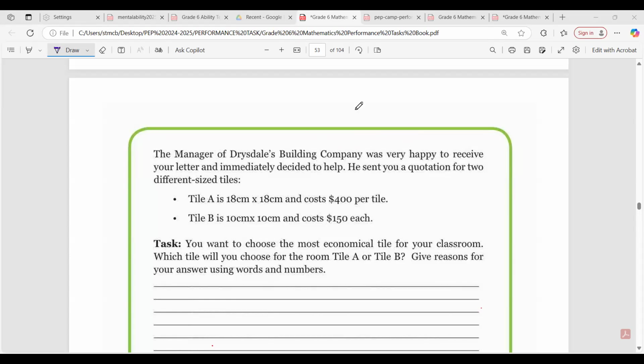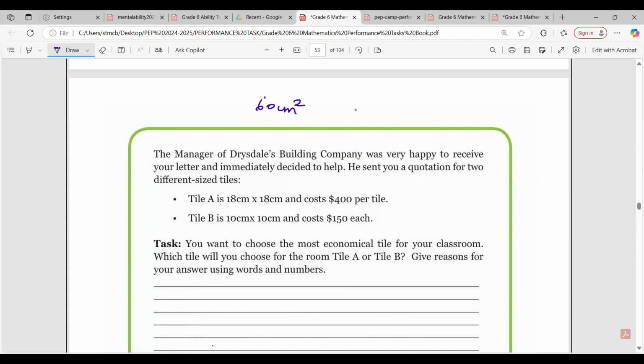What was the area of your room? 60. The area is 60? What was your measurement? I don't think it will be 60. 60 times 60 and 6. What was your measurement for your room? For my room? Yeah, your classroom.